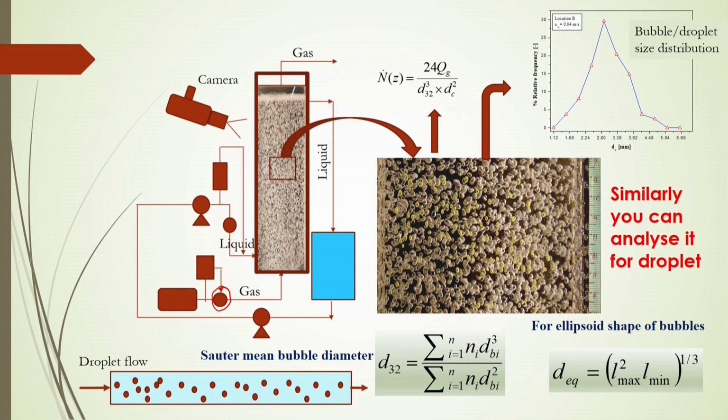Then the gas is coming from the bottom of this column to the top, and then this gas is disengaging and collapsing at the top surface of this gas liquid mixture, and then it will be coming out to the atmosphere.